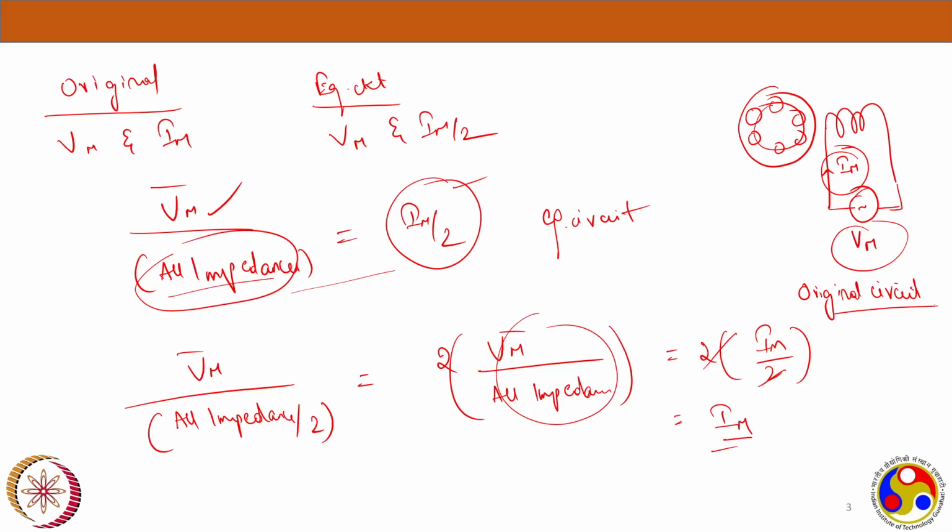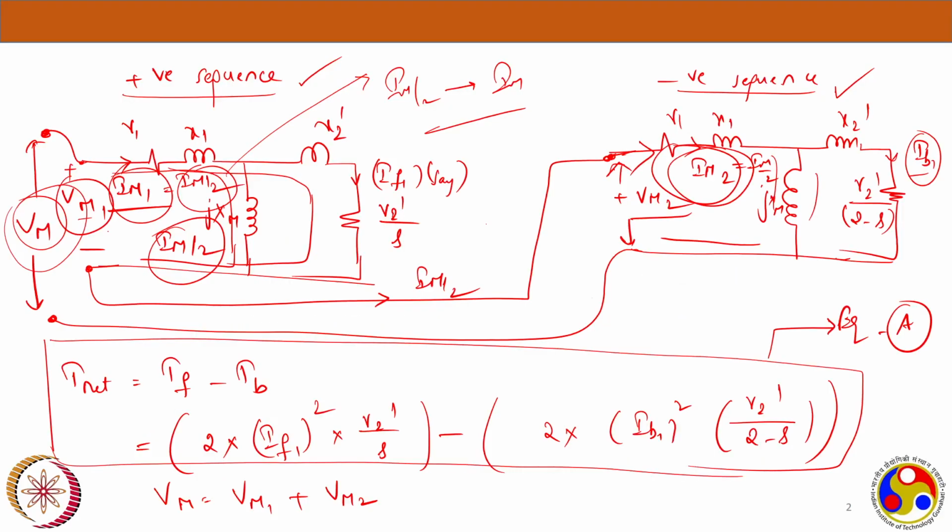So let's make this similar change in our equivalent circuit also. This is the equivalent circuit. Now I will divide every impedance by 2, and the current will automatically go from Im by 2 to Im.